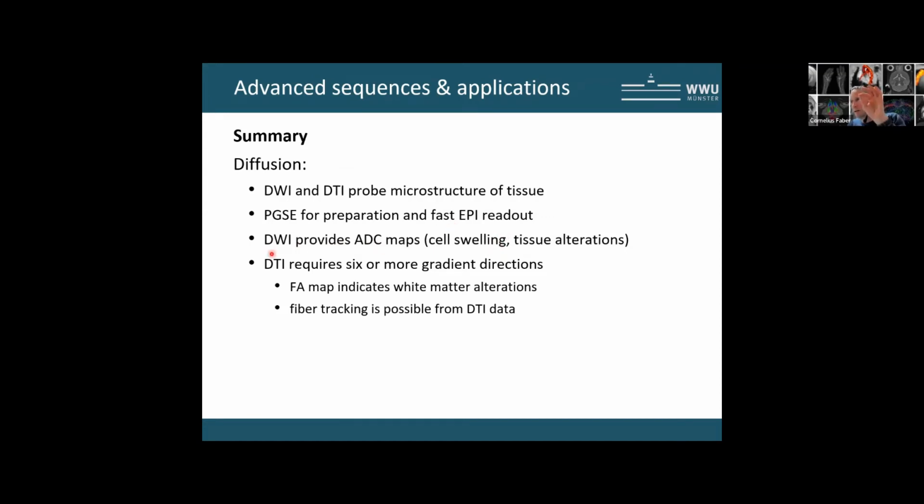However, if you want to have more detailed information about directional structures, then you need diffusion tensor imaging with 6 or more gradients. Typically you use many more. You can calculate this fractional anisotropy, which indicates, for example, white matter alterations, and you can do fiber tracking. Okay, are there any questions regarding the diffusion part?